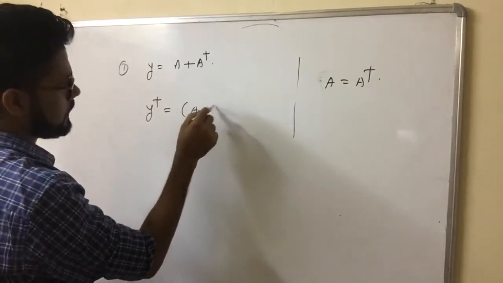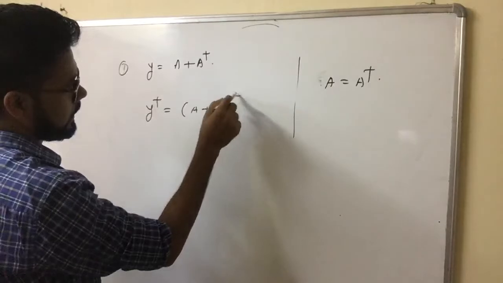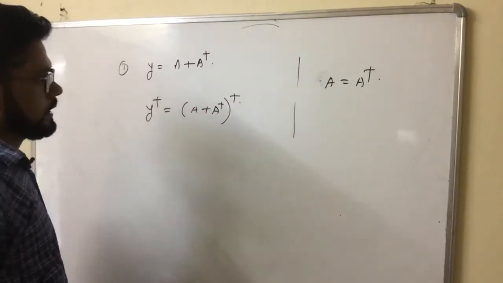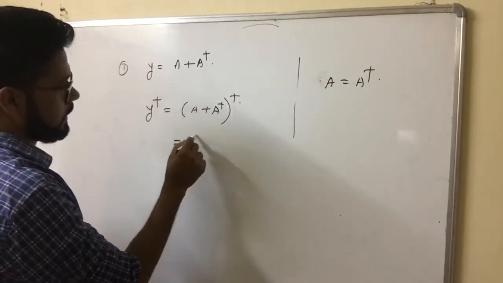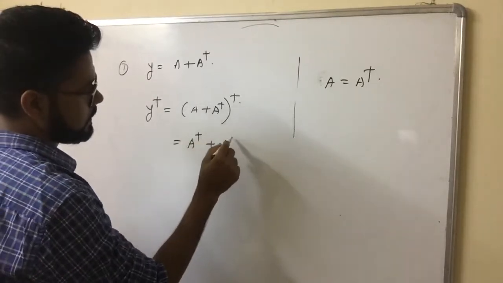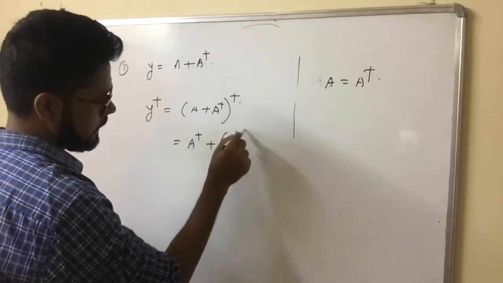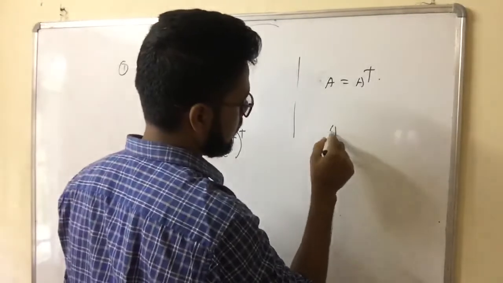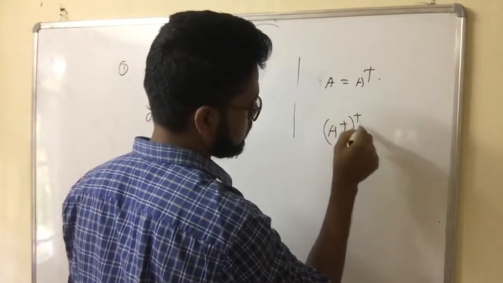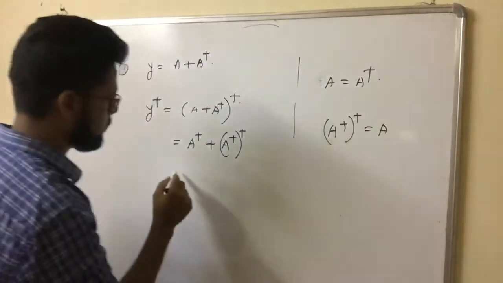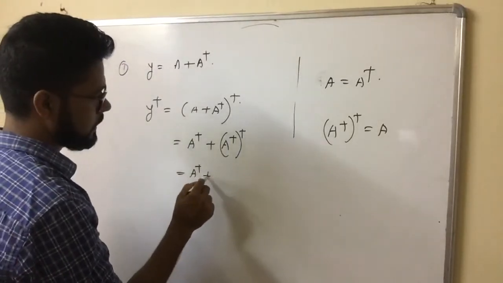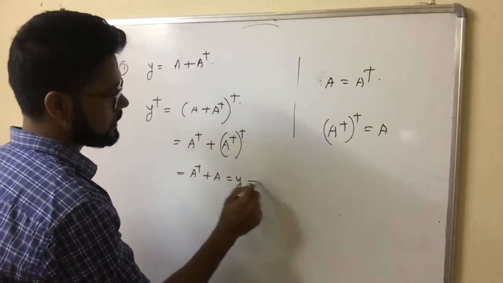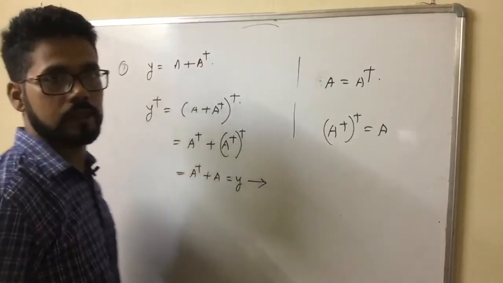A plus A dagger, dagger. A dagger means A dagger plus A dagger dagger. And if you remember, A dagger dagger equals A. So it will be A dagger plus A equals Y. So Y dagger equals Y, that is why it is Hermitian.